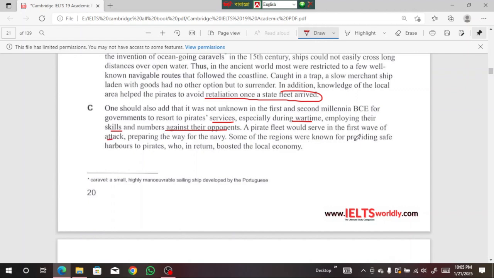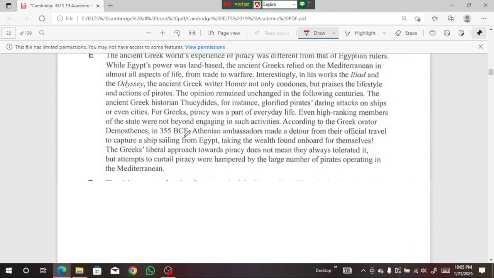Some regions were known for providing safe harbors to pirates, which in return boosted the local economy. That means their service, as mentioned, was used during wartime, when the government used their service.